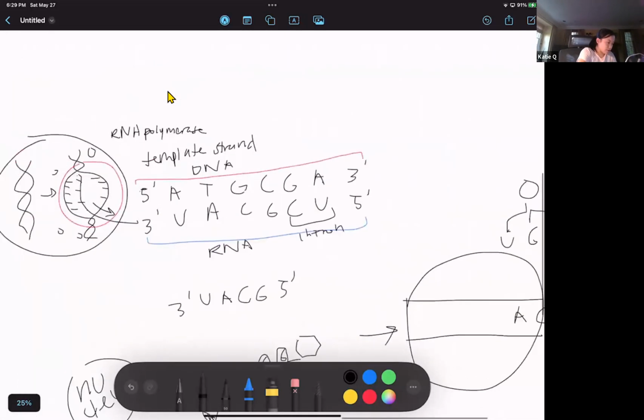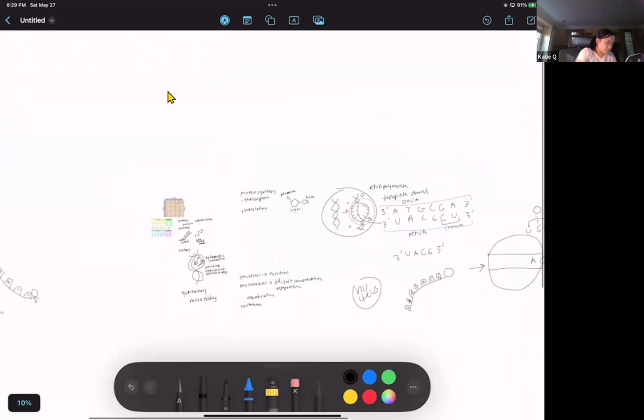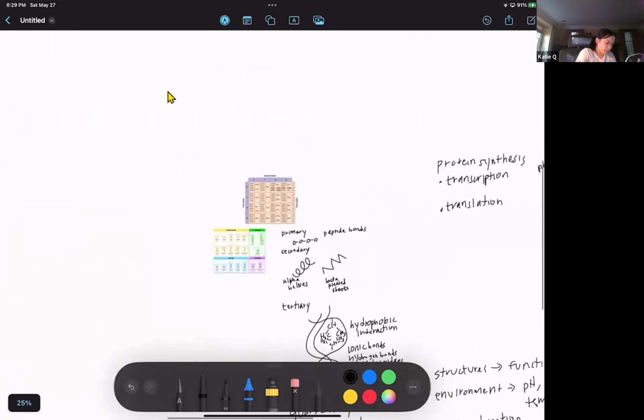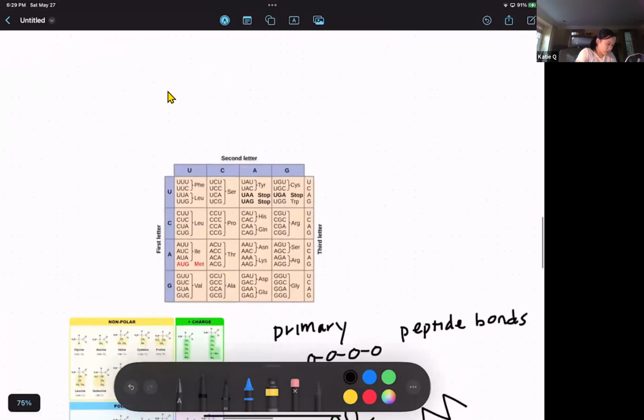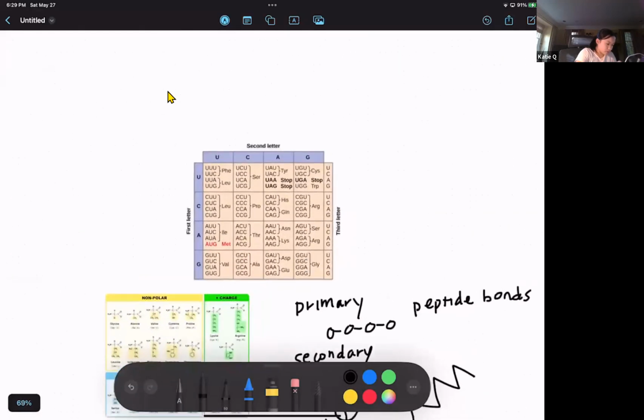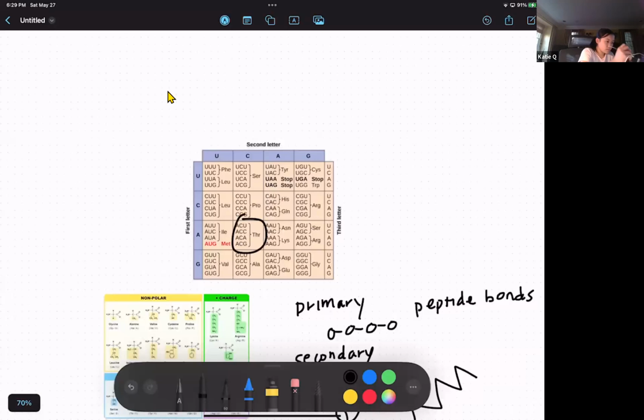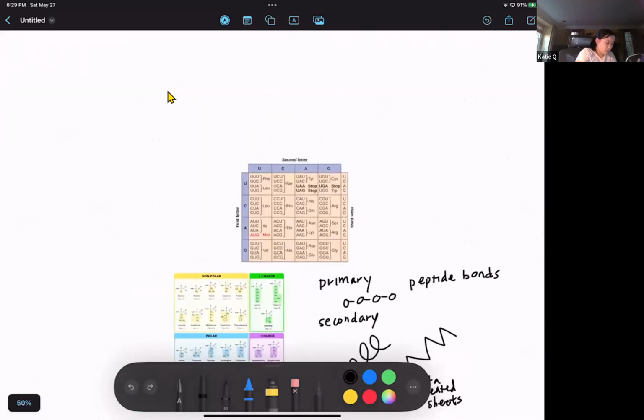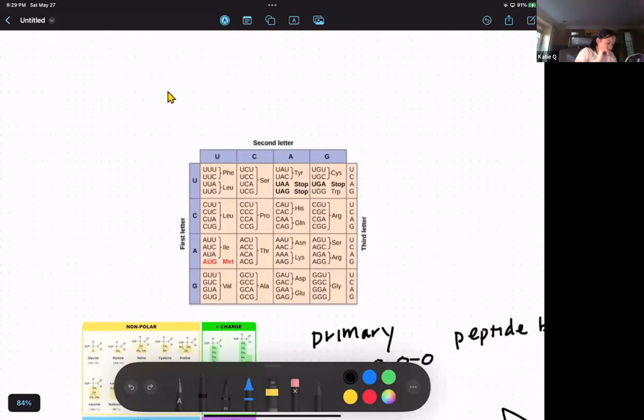So ACG codes for, here's a chart, threonine. You can see here. By the way, these are called codons, and every 3 bases together is called a codon, and they code for a certain amino acid.